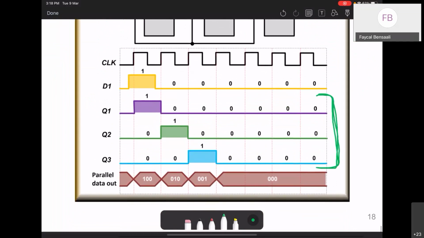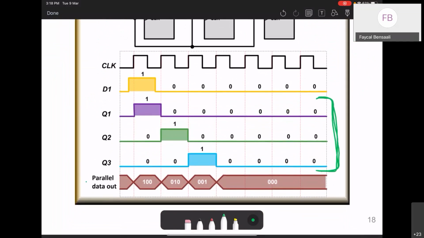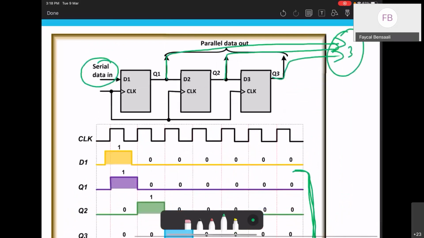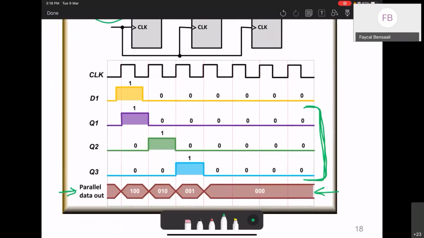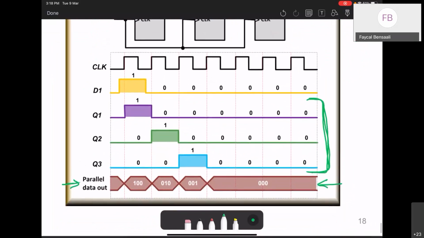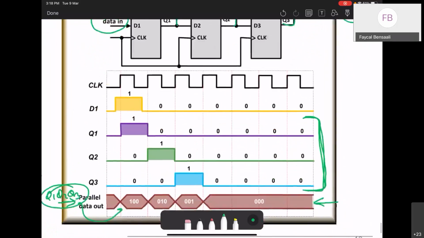This is how we represent a bus, and when we do simulation, this is how you will see it. This means that it's not just a bit, it's a bus. As you can see here, this includes Q1, Q2, and Q3 together.